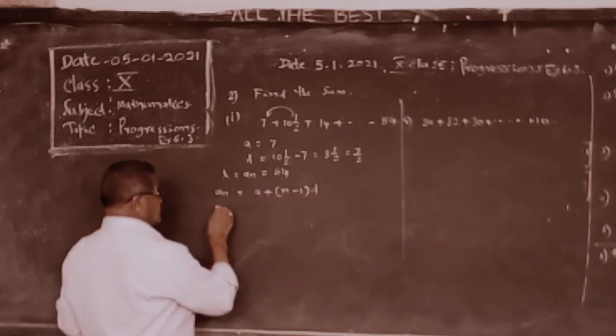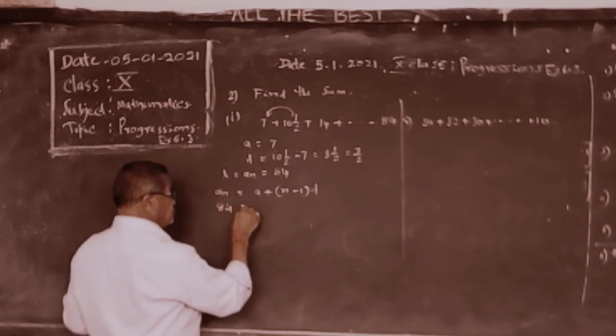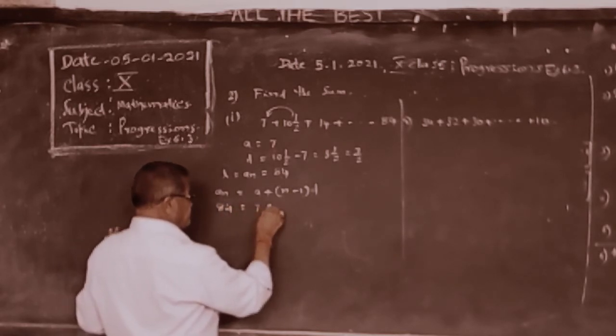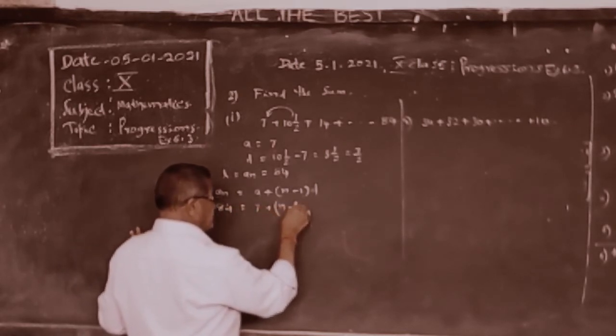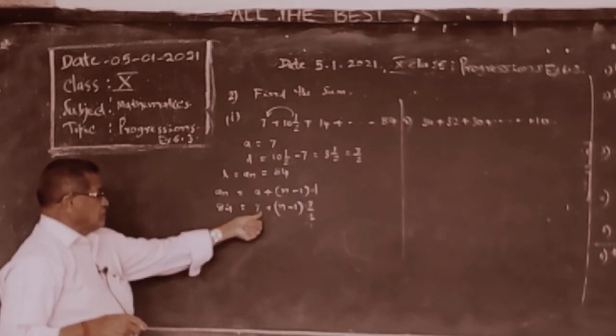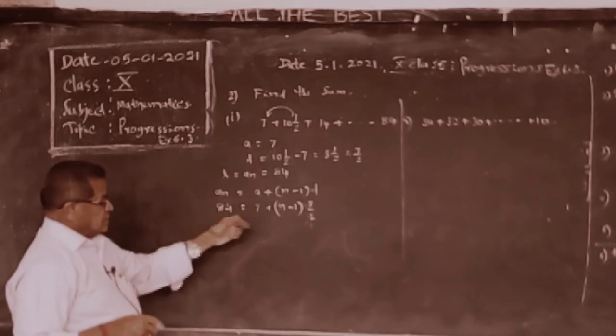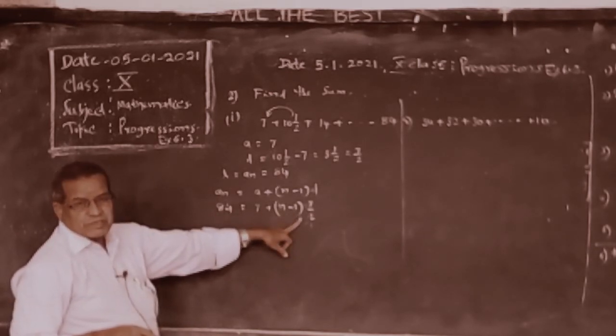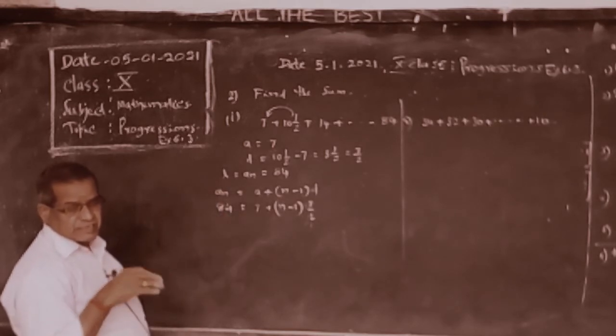The last term given is 84, first term 7, n we don't know, and d value is 7 by 2. Plus 7 will come to this side as minus, and this 7 by 2 going to that side becomes 2 by 7.